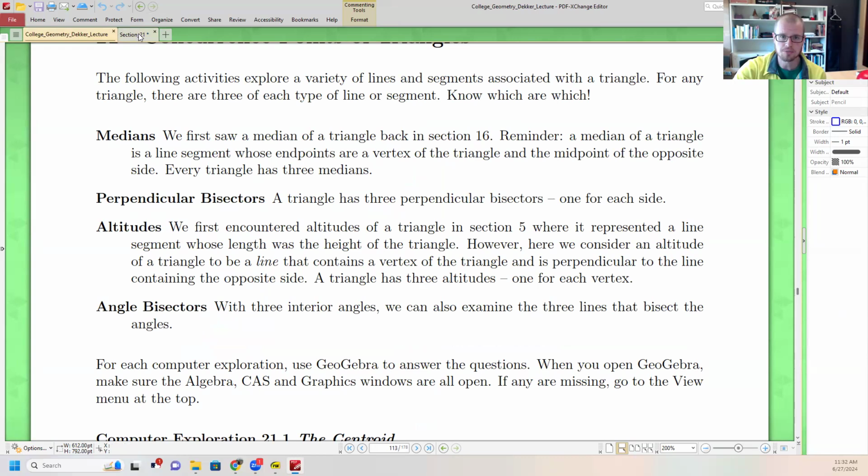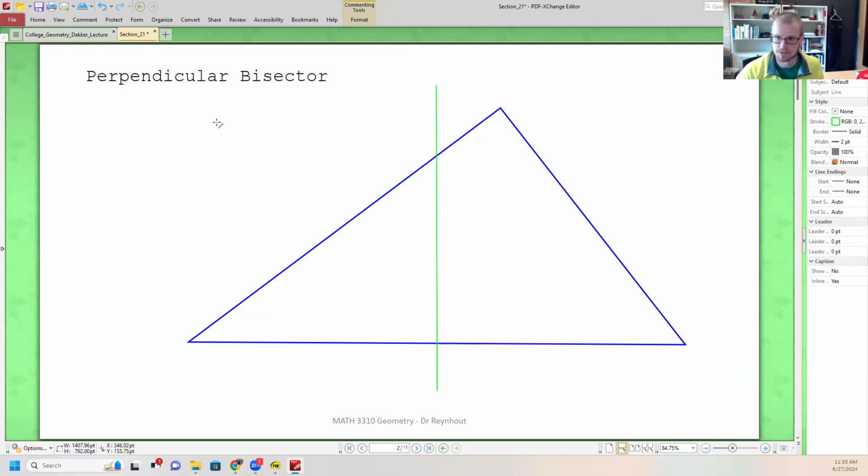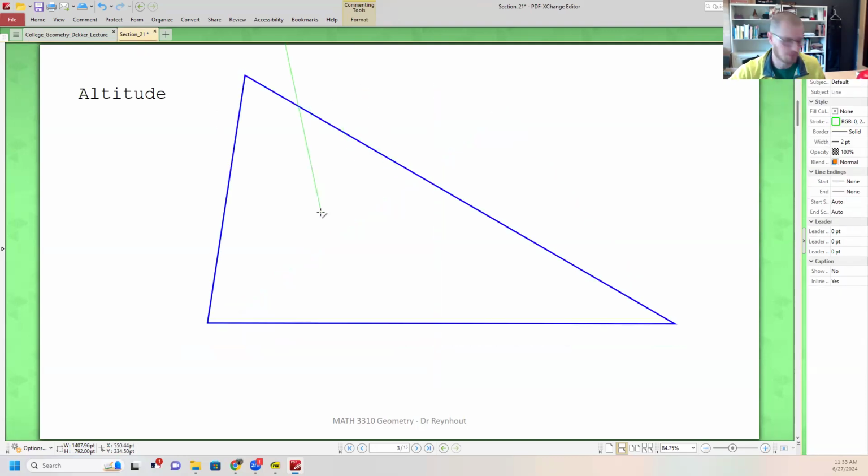Well, altitudes are a little bit fun because they're worth having 2 examples for. But altitudes are simply a perpendicular line. Altitude, we're looking at a perpendicular line to the side that passes through the opposite corner.